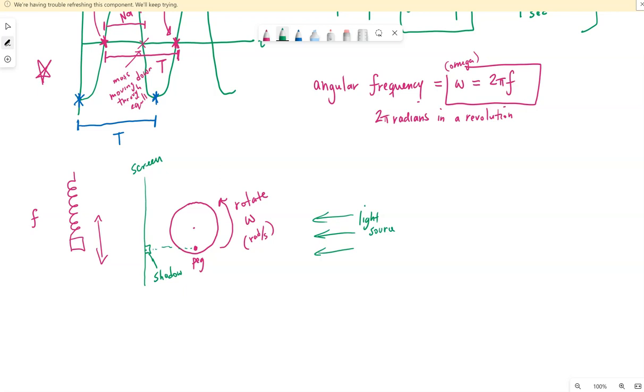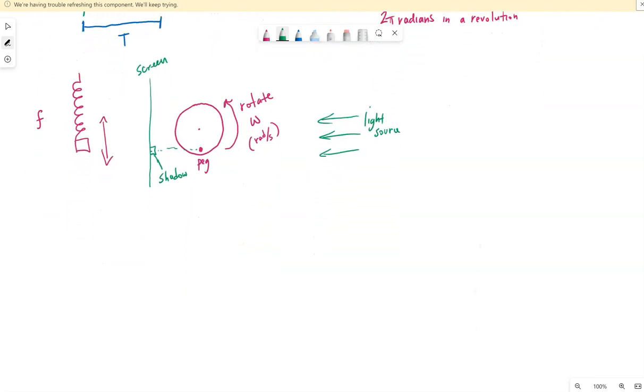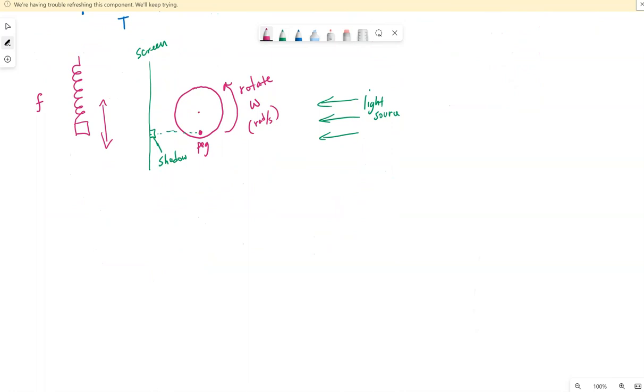As this disc rotates, not much longer later, the peg's going to be right here because the disc has rotated. That means the light source will cast a shadow right here instead of this lowest point.